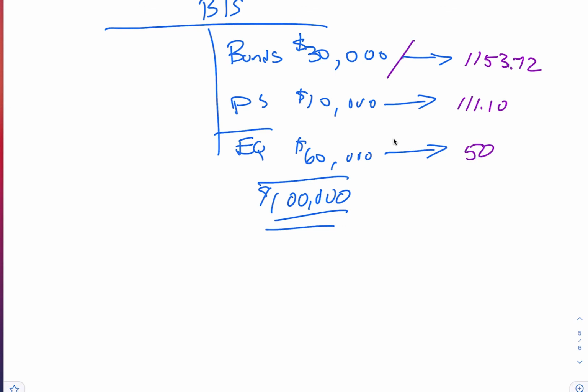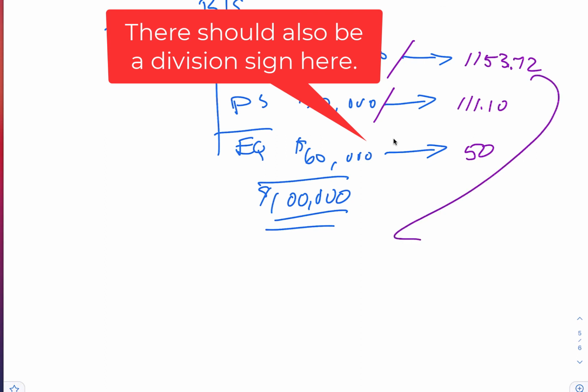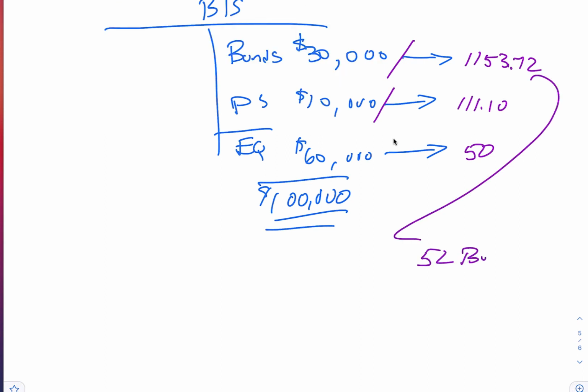So why don't we just divide the 30,000 by the 1,153, divide the 10,000 by 111, divide the 60,000 by 50, and we end up with 52 bonds outstanding, 90 preferred shares outstanding, and 600 common stock shares outstanding. And so that's what makes up our target capital structure, and it's consistent with the fact that we're using market values for the weights.